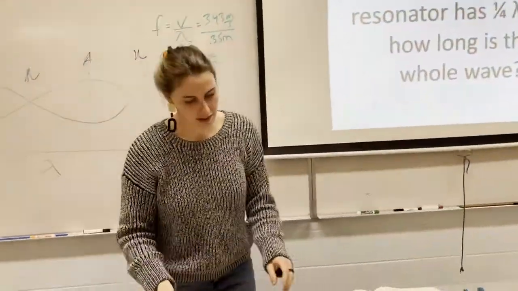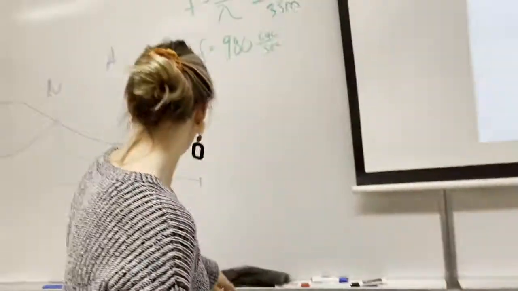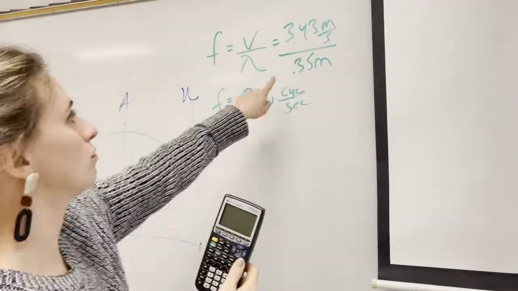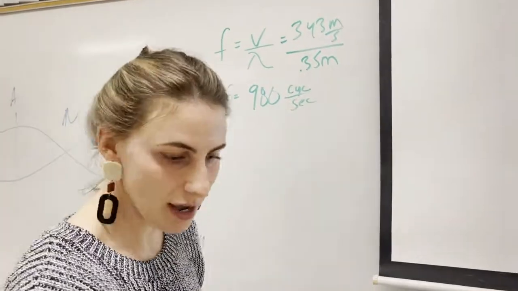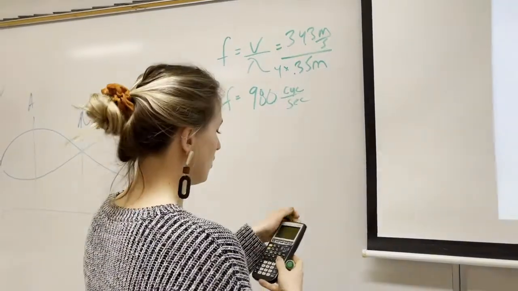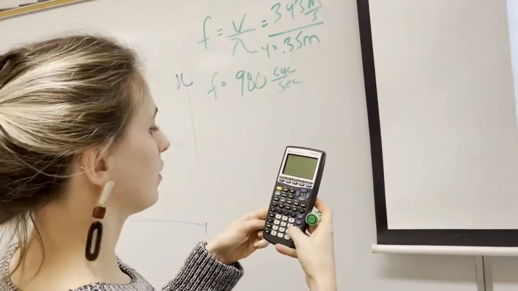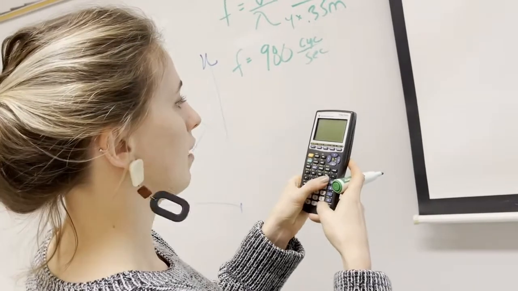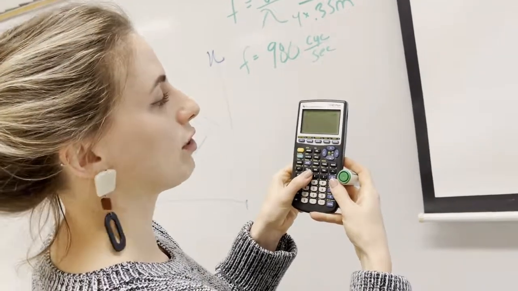So you have to multiply. I'm going to do 0.35 times 4. So 343 divided by 4 times 0.35, and I get 245.